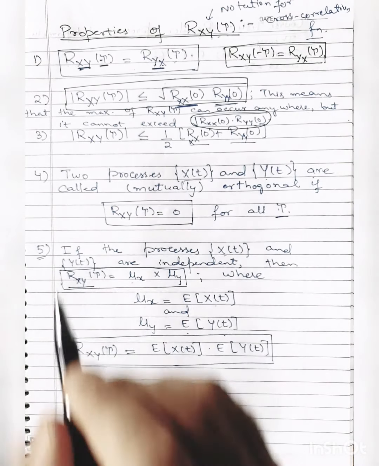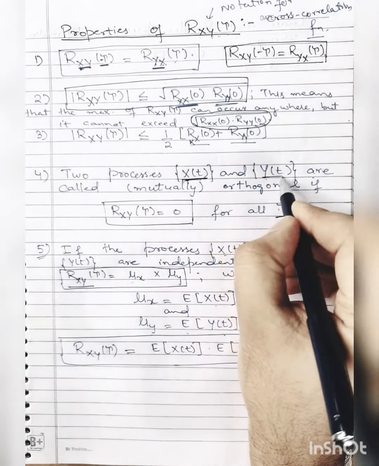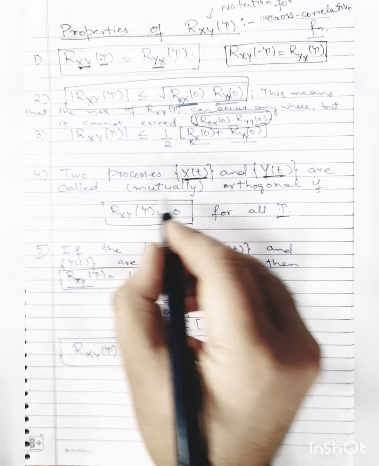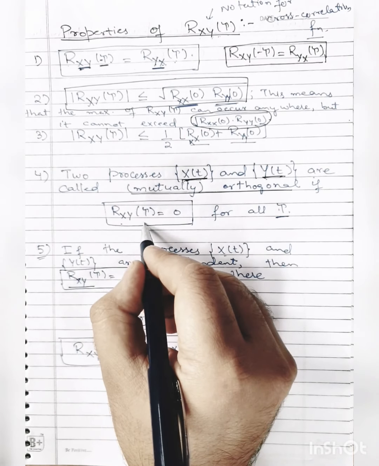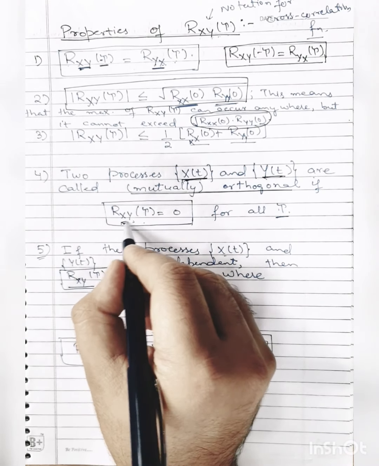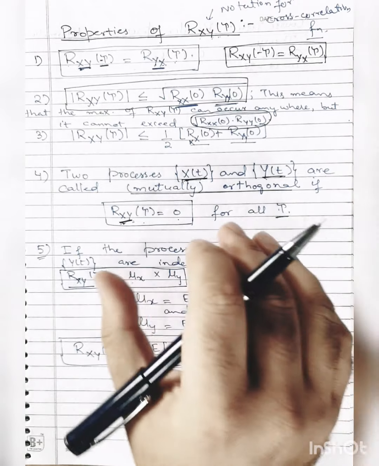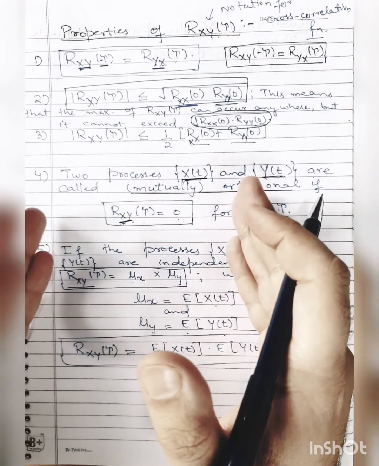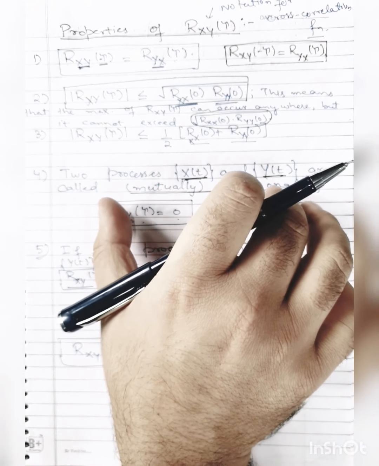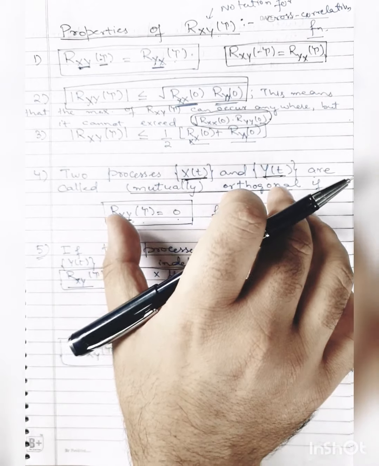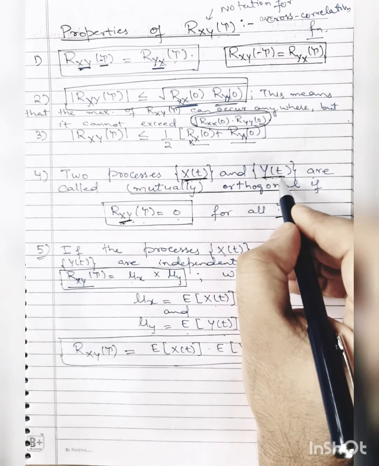The fourth property: two random processes x(t) and y(t) are called orthogonal, or mutually orthogonal, if the cross correlation function of the two should be 0 for all tau. We can interpret this physically, or qualitatively. The interpretation is that the shapes of the two random processes x(t) and y(t+tau) are different.